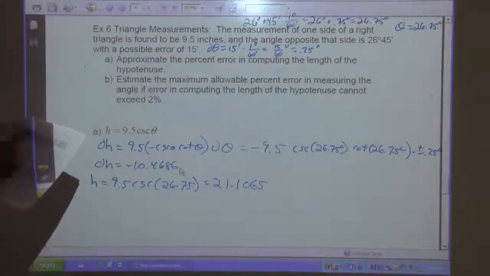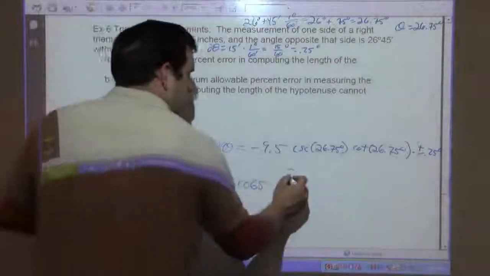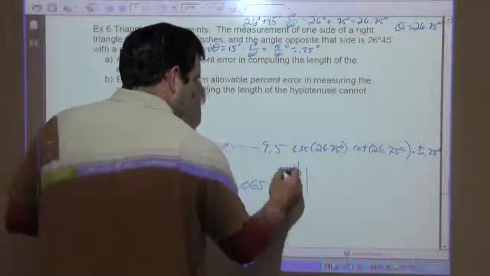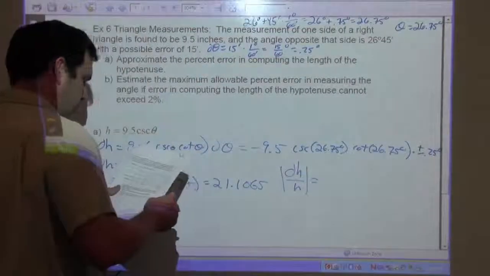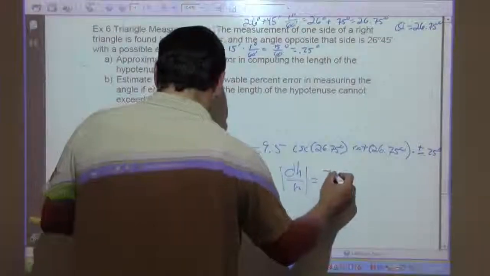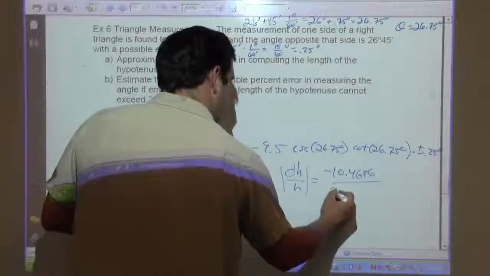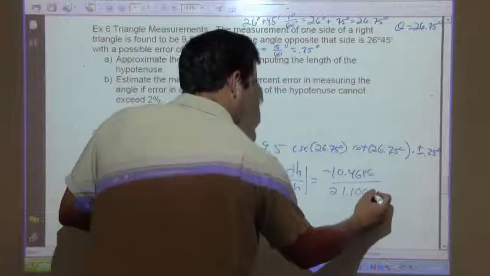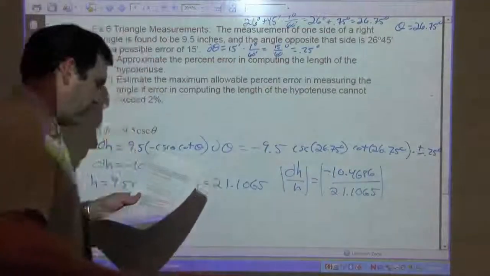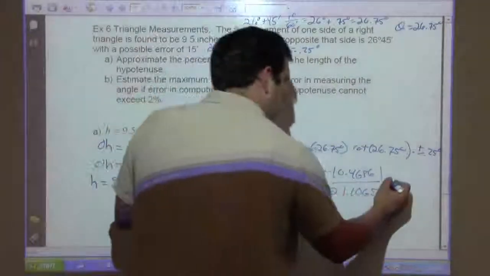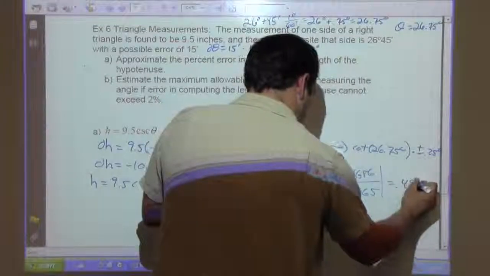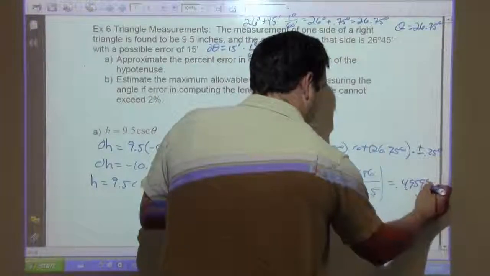Now our dh over h absolute value is going to be this negative 10.4686 over 21.1065. Take the absolute value. We end up with 0.495991.